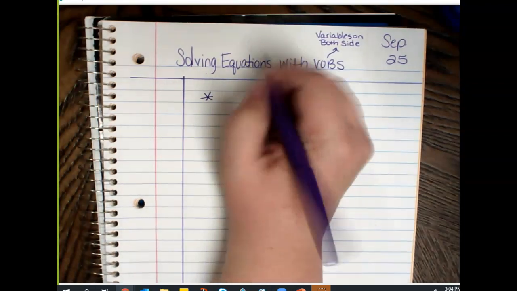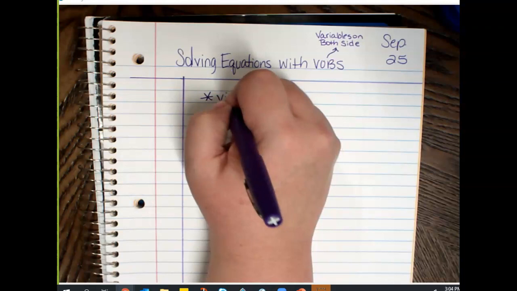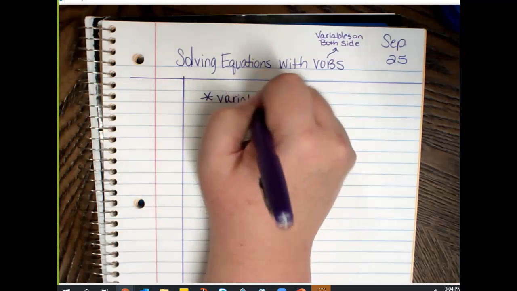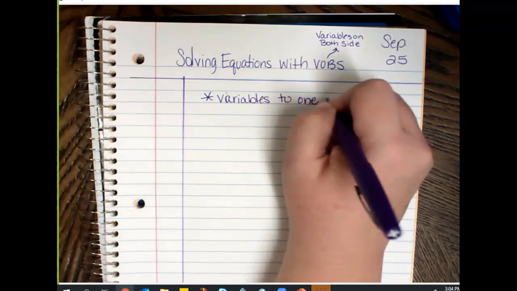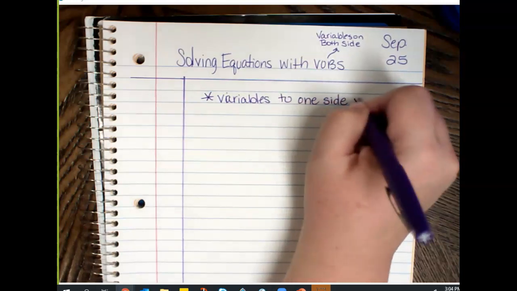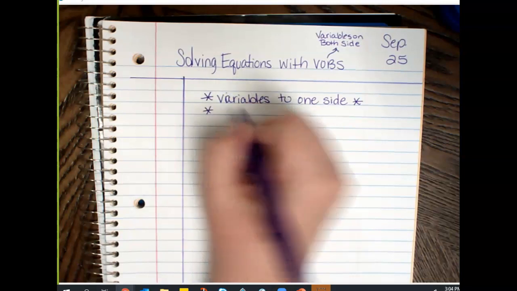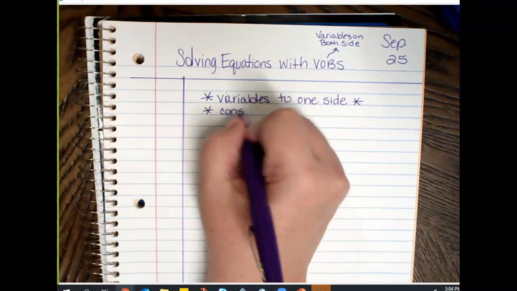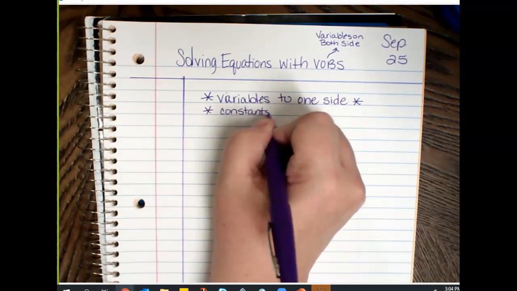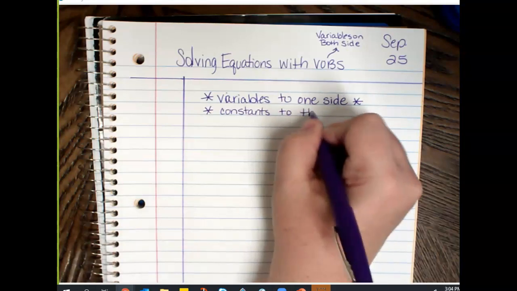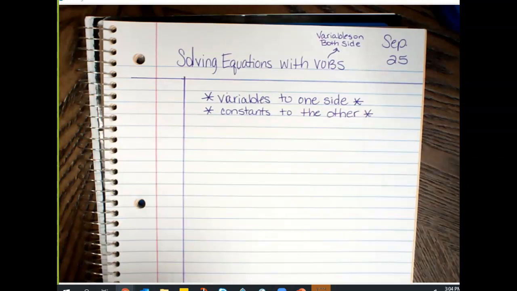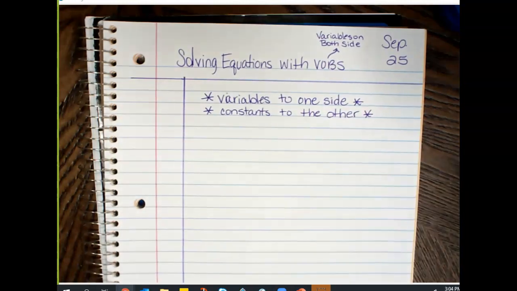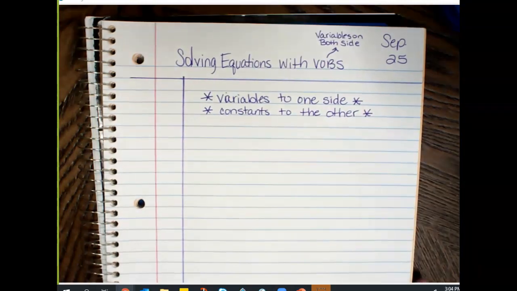That big idea is we want to get variables to one side and we want our numbers or our constants to the other. This will help us set up our problem so that way we can isolate our variable to find our answer.